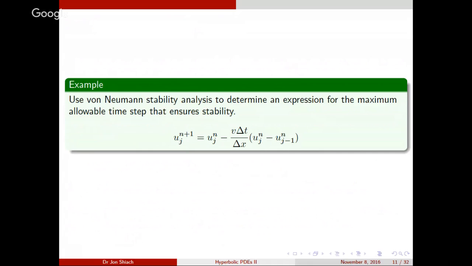That e to the a delta t, that's my growth. So because G is equal to e^{a Δt}, for stability, we want the modulus of G to be less than or equal to 1. So I'm going to replace that with 1, and replace that with a greater than or equal sign.